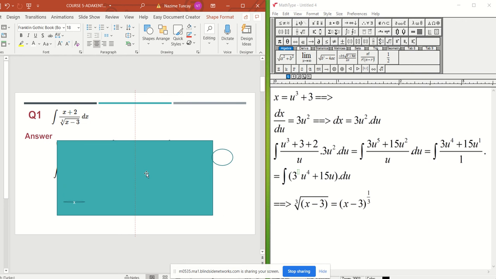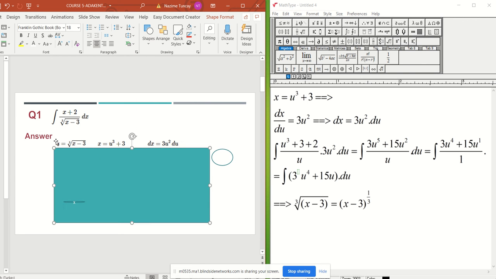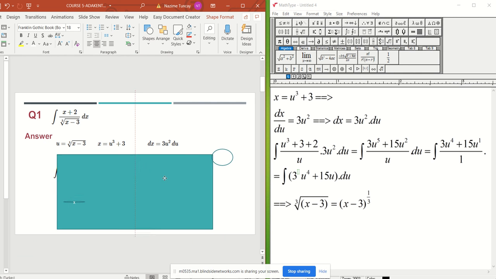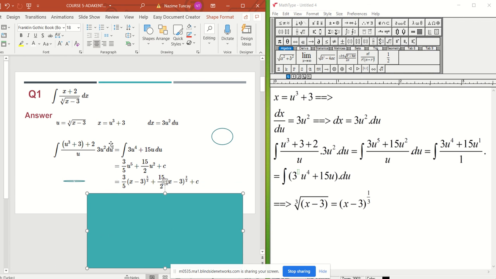Once again, what we did here: we have an integral question, and we use u substitution. We let u equal the root 3 of x minus 3, and we solve for x and for dx. Then we have all the variables as u, and we find the integral in terms of u until the last step.